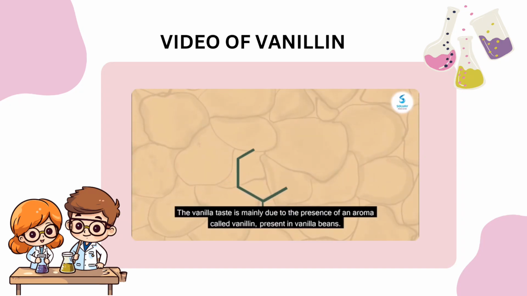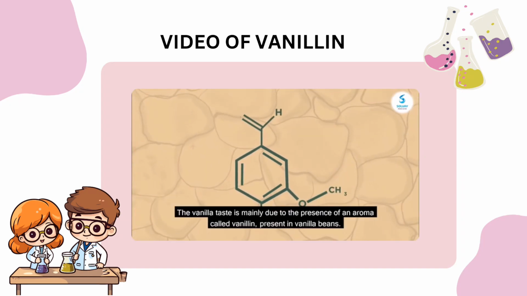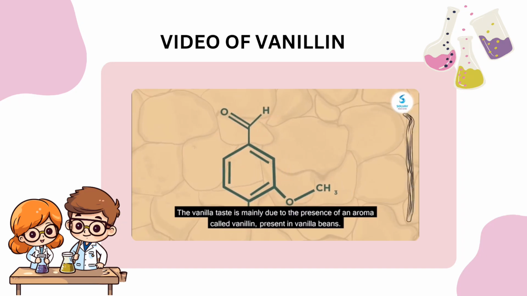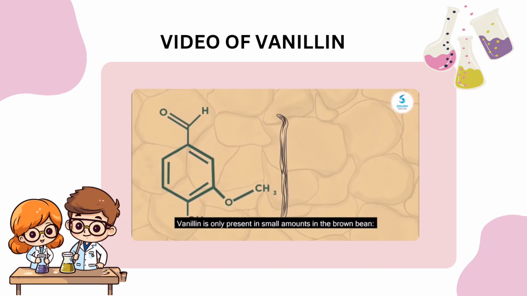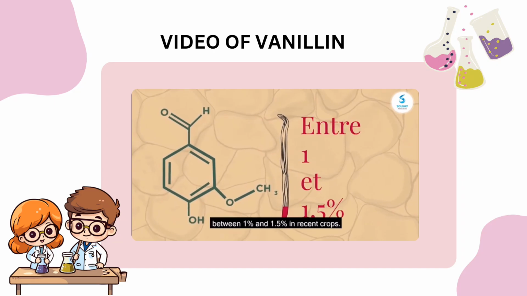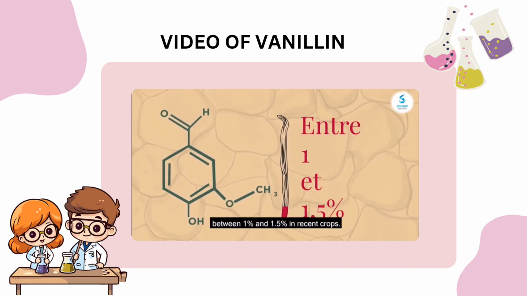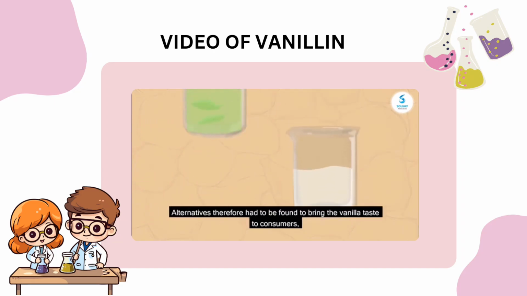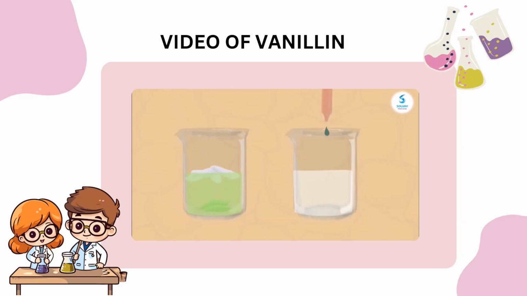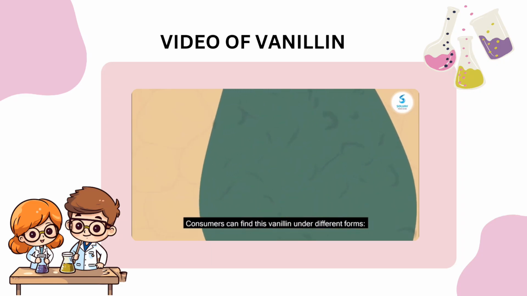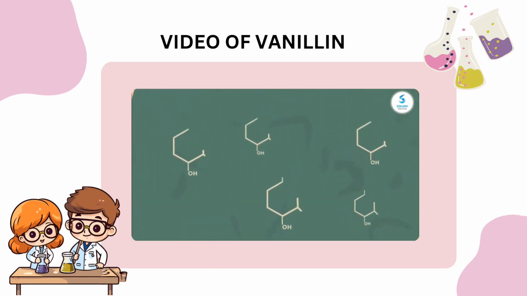The vanilla taste is mainly due to the presence of an aroma called vanillin, present in vanilla beans. Vanillin is only present in small amounts in the brown bean, between 1% and 1.5% in recent crops. Alternatives therefore had to be found to bring the vanilla taste to consumers by producing vanillin made from other natural materials such as rice bran, or synthetic vanillin. Consumers can find this vanillin under different forms.